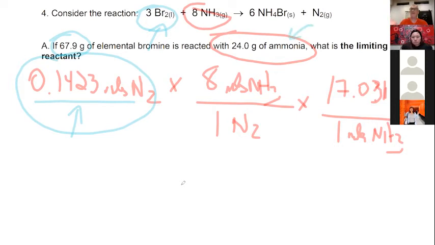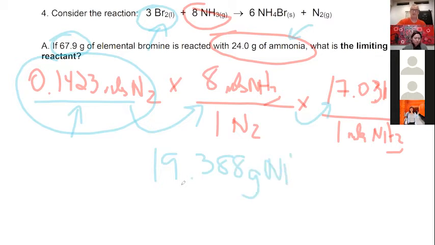I don't know how much is there at the end, but the difference is going to be how much was used in the reaction. And this answer is going to tell me how much was used in the reaction. So that many moles of product times this molar ratio of reactant to product, and that's the molar mass of my reactant, says that 19.388 grams of ammonia was used in the reaction.